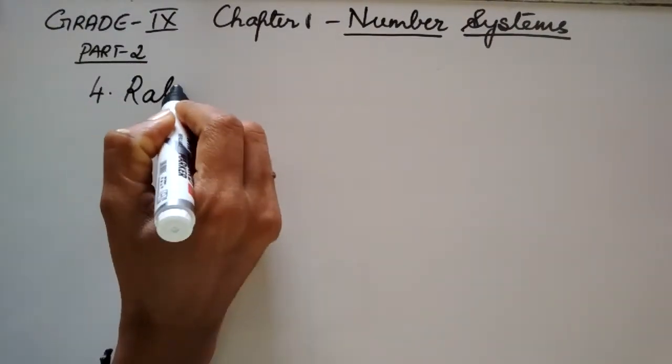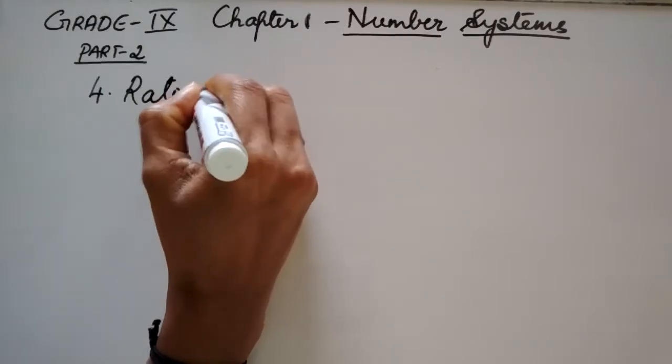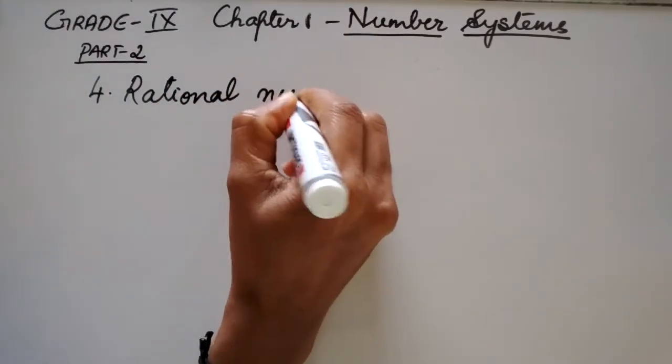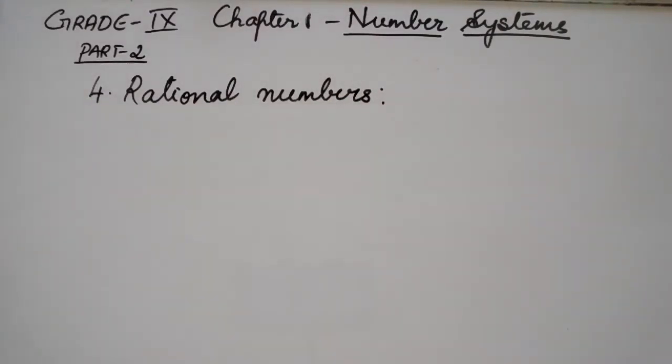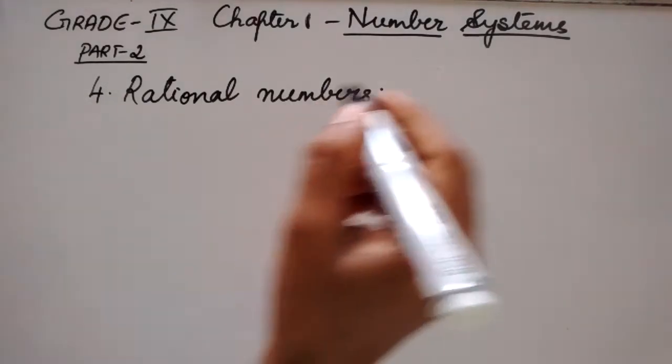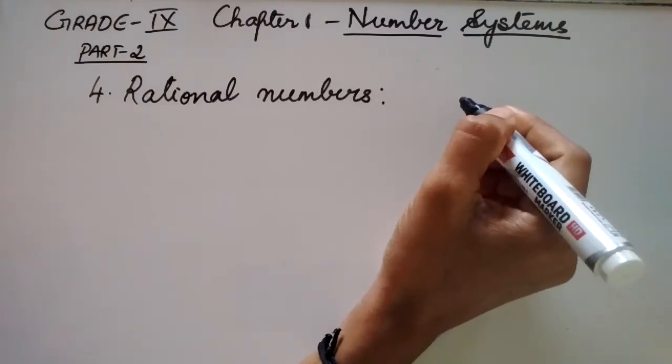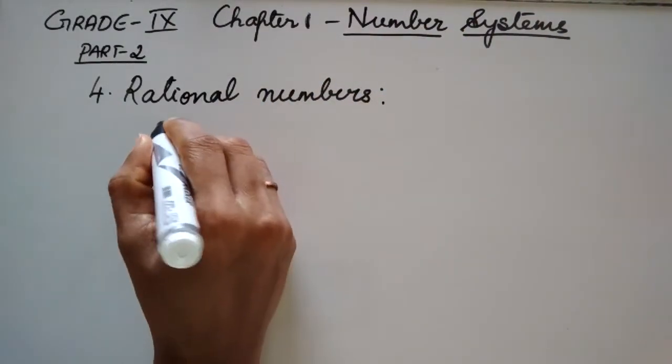Rational numbers. So, what are these rational numbers? Rational numbers are written as a fraction of two integers.